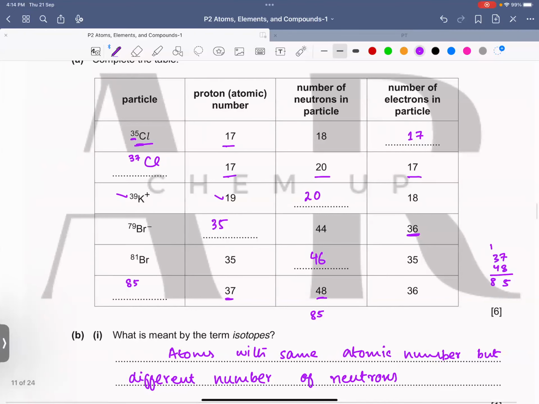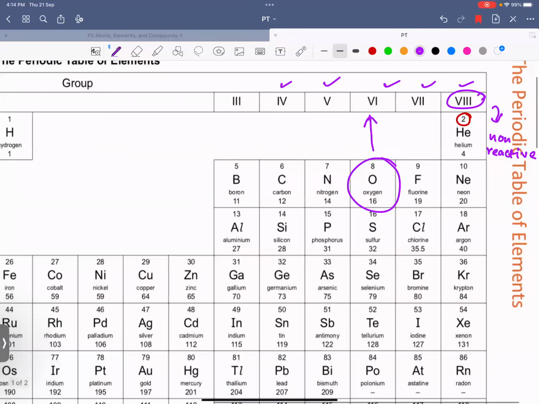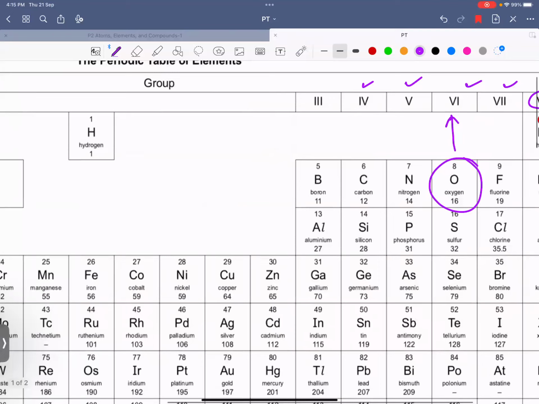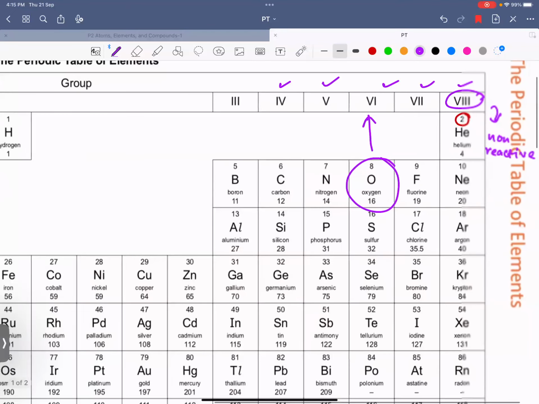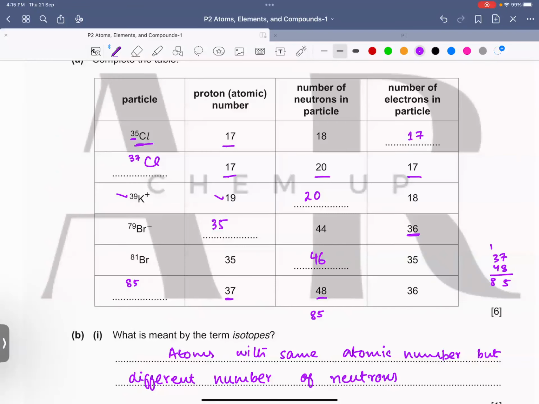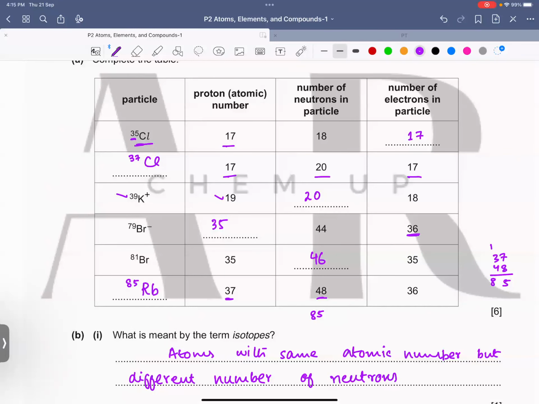And its atomic number is 37. So we will see which element is 37. So 37 is rubidium, Rb. So we are going to put the symbol Rb over here. Is this clear? Yes.